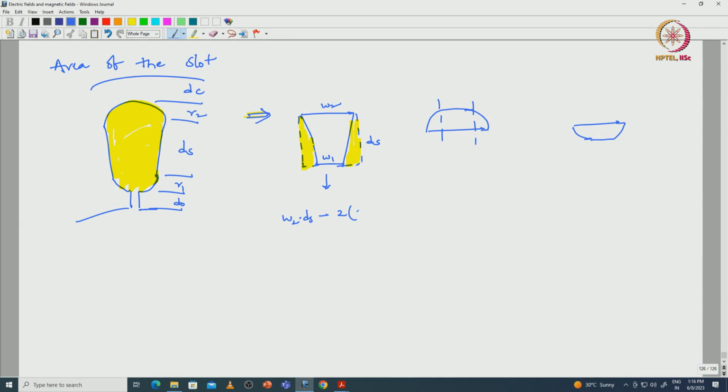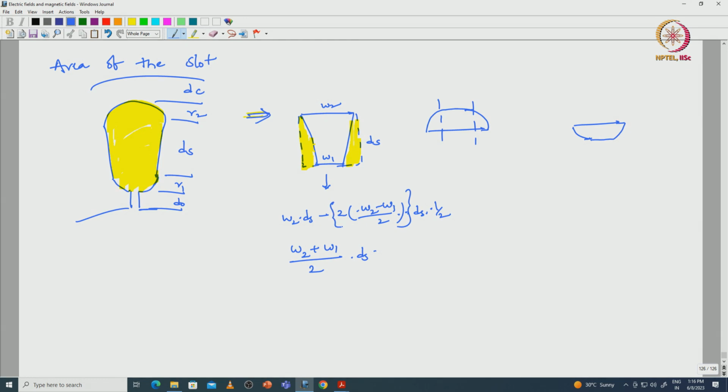So, 2 into half BH, that is nothing but W2 minus W1 by 2 into ds. Here one more by 2 will come with respect to the half BH, then it will result in W2 plus W1 by 2 into ds.